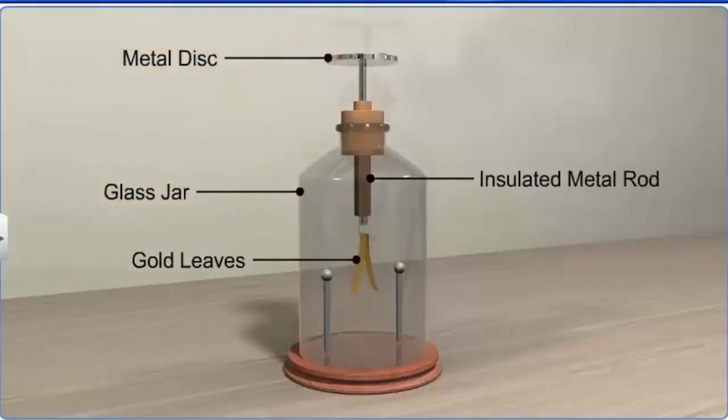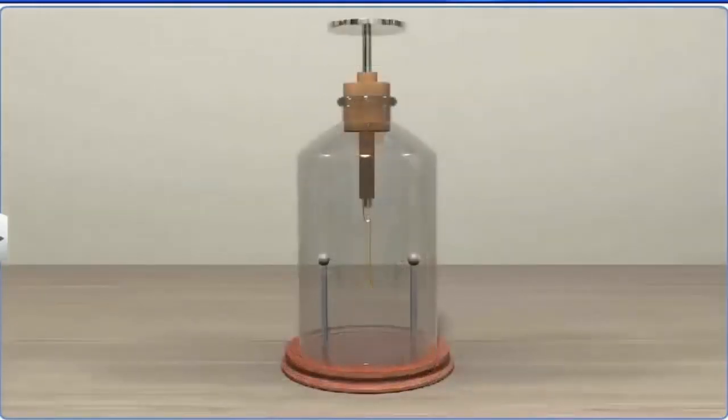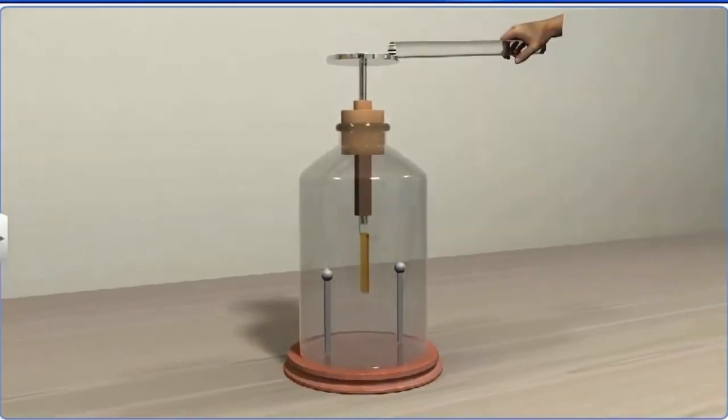To test a material like a glass rod for electrification, the object should be brought in contact with the metal disc of the Goldleaf Electroscope. The contact should be momentary. If there is no change observed in the position of the gold leaves, it indicates that the glass rod is uncharged or is neutral.